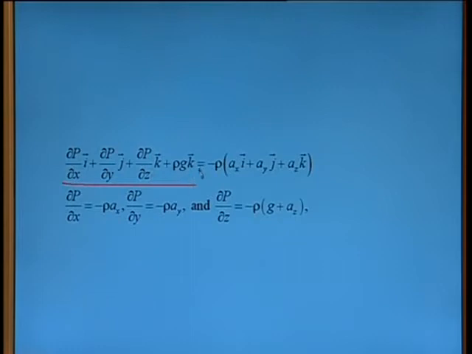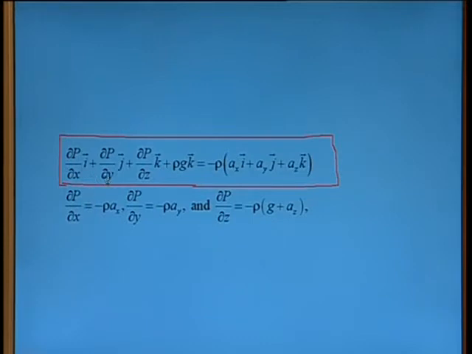Per unit volume, this is equal to mass multiplied by acceleration. So we are writing for per unit volume, mass per unit volume becomes density. So minus rho (ax i plus ay j plus az k). In this manner, if we write this vector equation in the 3 directional Cartesian coordinate system, then we compare in x direction, y direction, z direction.